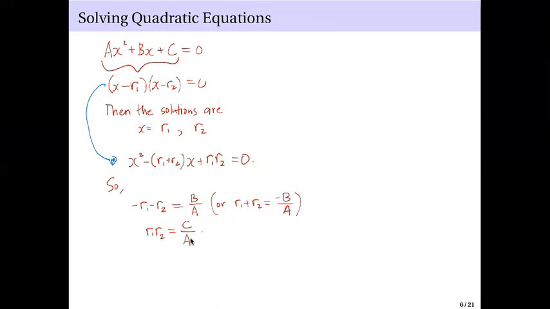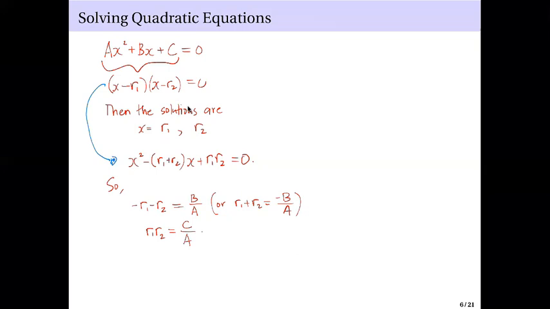But in here, r1 and r2 can be rationals or integers, and could be irrational, I guess.